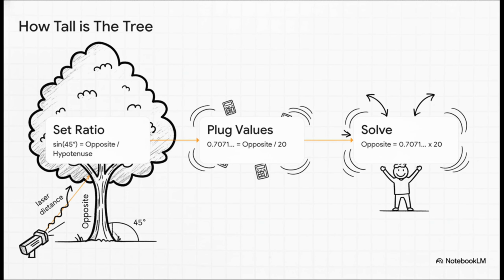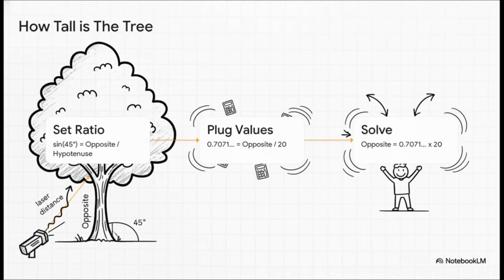Step 1, we set up our ratio. We want the height of the tree, which is our opposite side, and we know our laser distance is the hypotenuse. So we use sine. Sine of 45 degrees equals opposite over hypotenuse. Step 2, we just plug in what we know. The sine of 45 degrees is about 0.7071, and our hypotenuse is 20 meters.